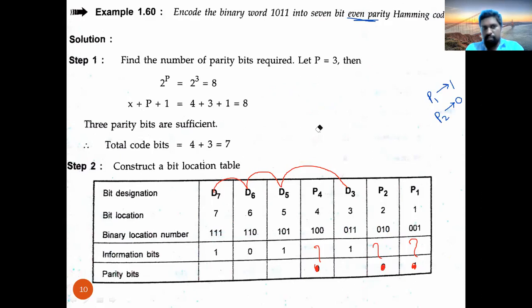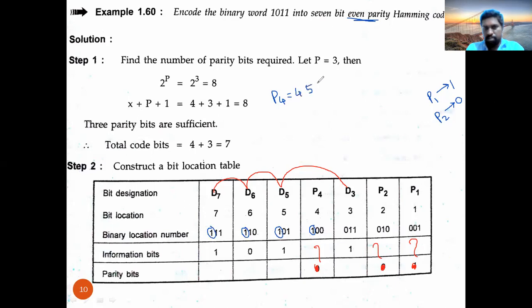So what about the last one? P4. Same process. Find out the position of 1 in P4, the leftmost bit. 4 is there, 5 is there, 6 is there, 7 is there. So 4, 5, 6, 7.